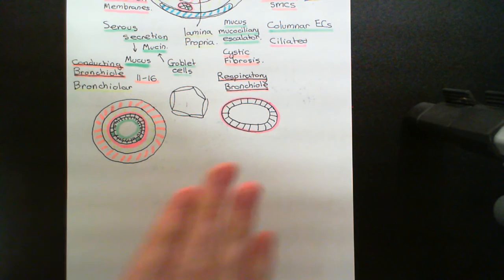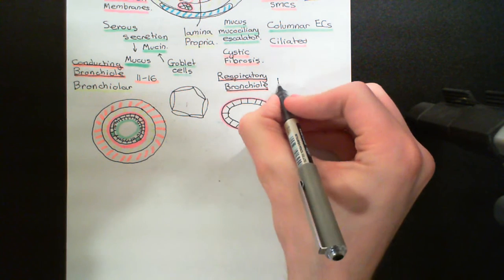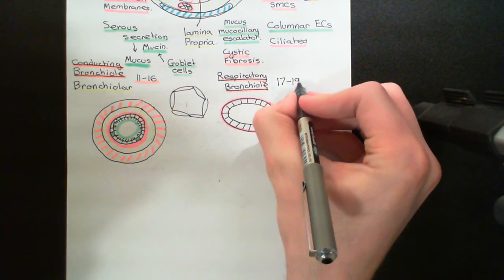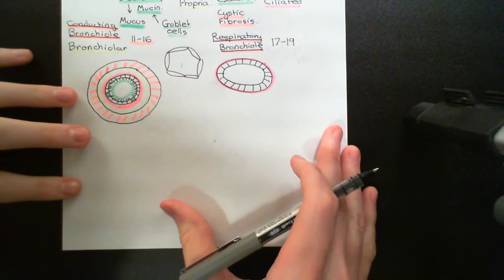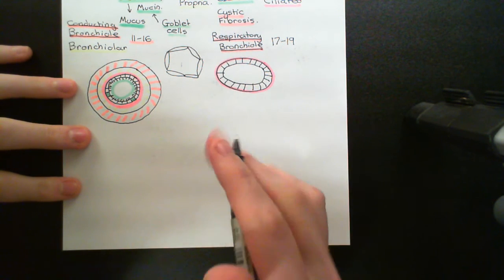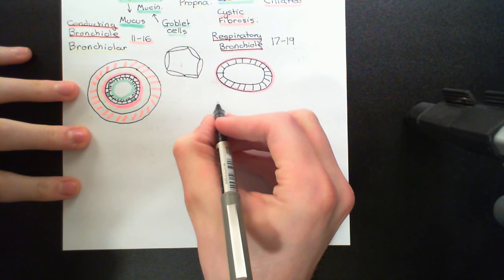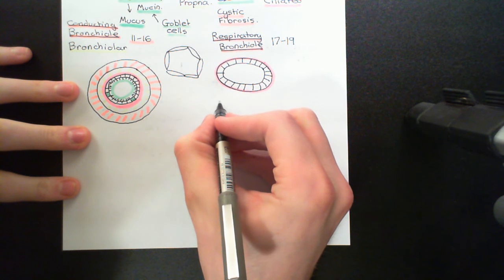Okay, so those are the respiratory bronchioles, generation 17 to generation 19. Let's now go down to the alveolar ducts, and then we'll see the actual alveoli in that. So let's draw a little bit of the side of an alveolar duct, and we'll have the alveoli making up the side of this.